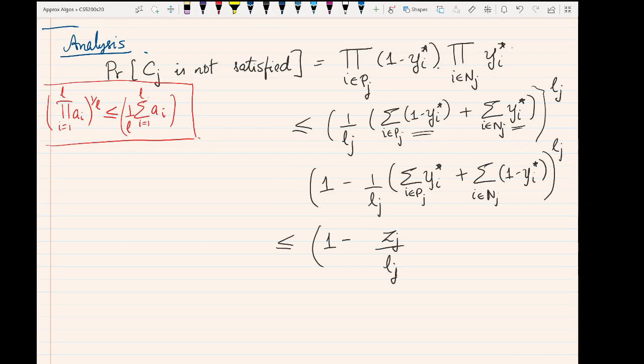Okay, so here it's just an equality. Here it becomes an inequality, Lj. And what have we used here? That the yi stars are feasible.